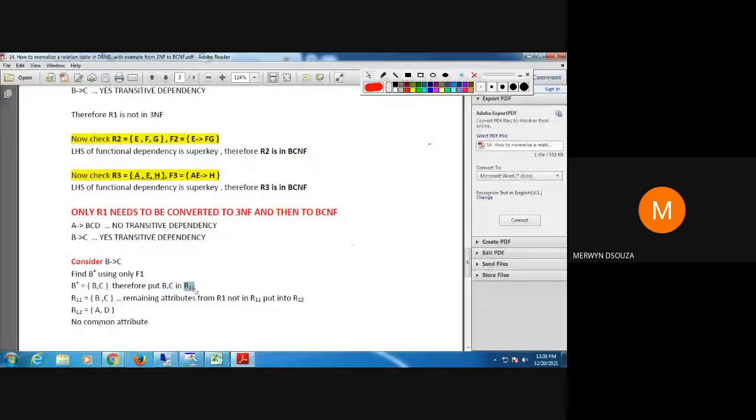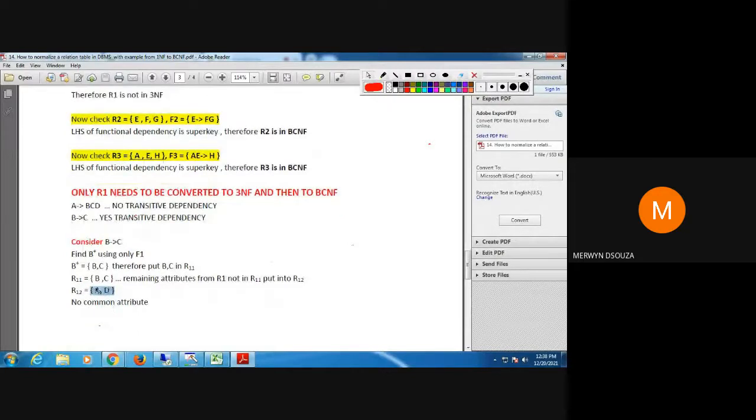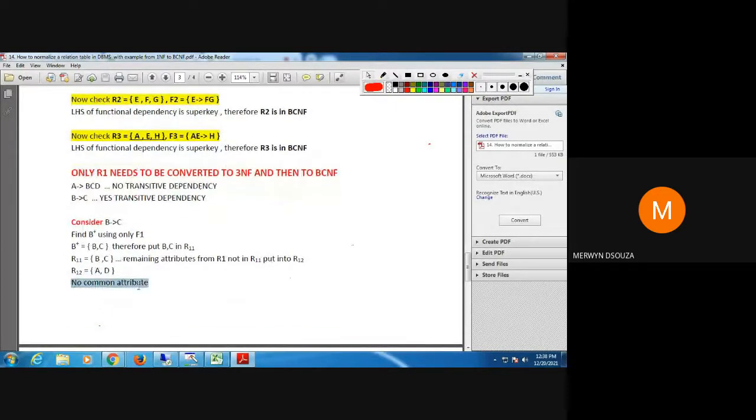Let's call it R11. All the attributes of R1 which are not in R11, you will put into R12. R1 had 4 attributes, A, B, C and D. Out of those 4 attributes, B and C go into R11, and R12 will get the remaining attributes. When you do this, you don't have any common attribute.